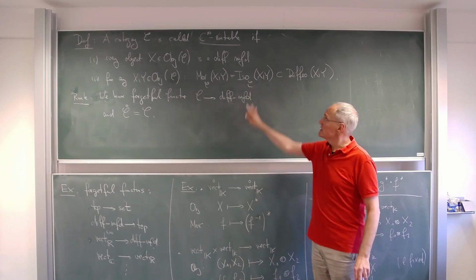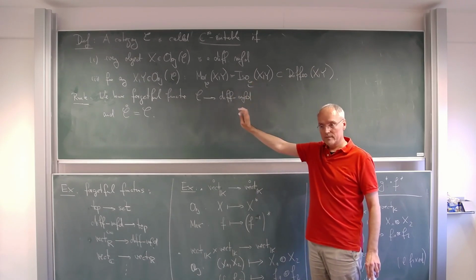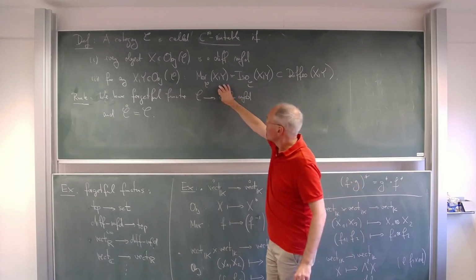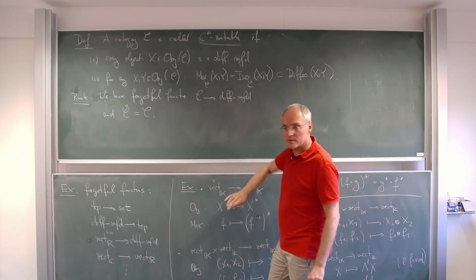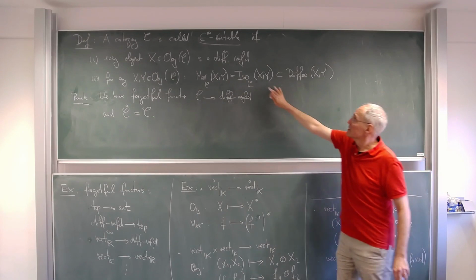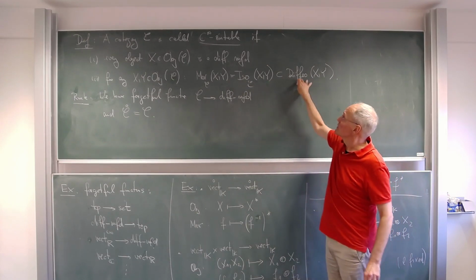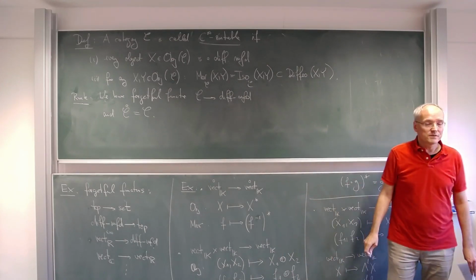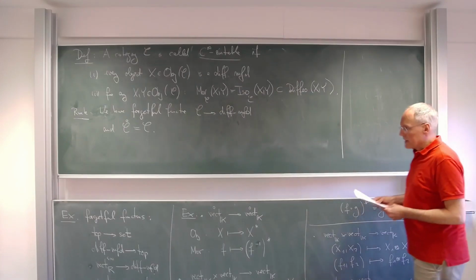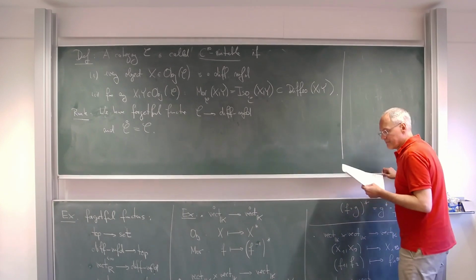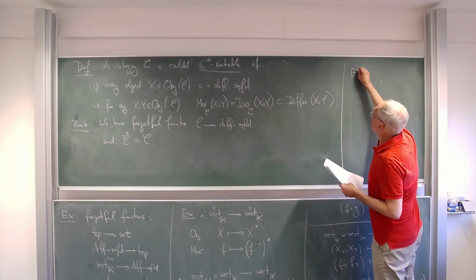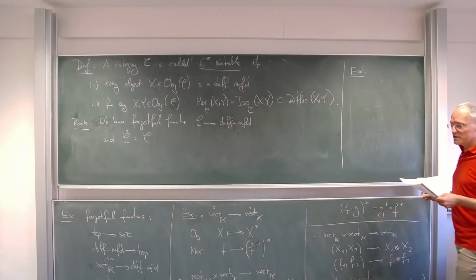So this is an additional assumption on the category, that all morphisms are isomorphisms. And then all of them have to be smooth. Okay, so what are examples of such C infinity suitable categories?